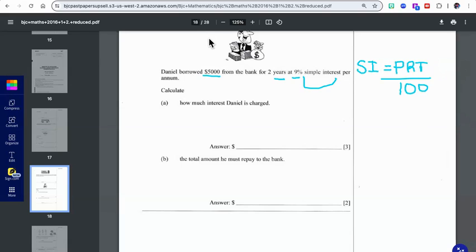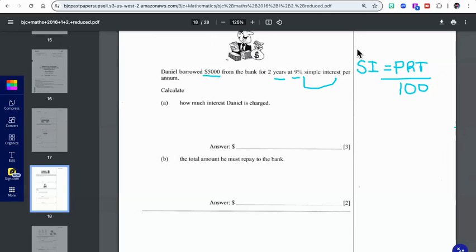So tell me, what is my P? Good. The principal is equal to 5,000. Your years is equal to 2 and your rate is equal to 9.